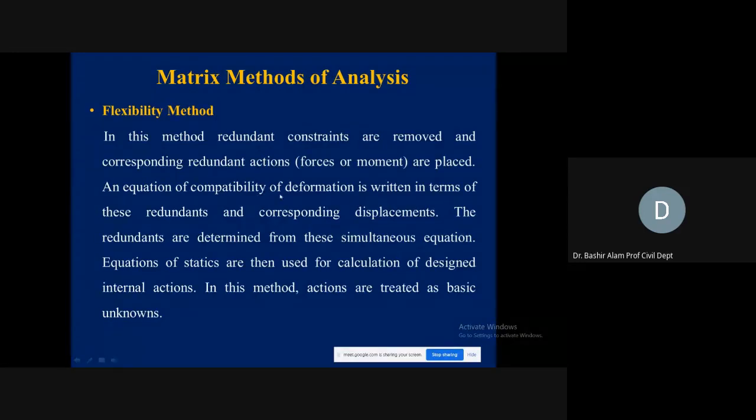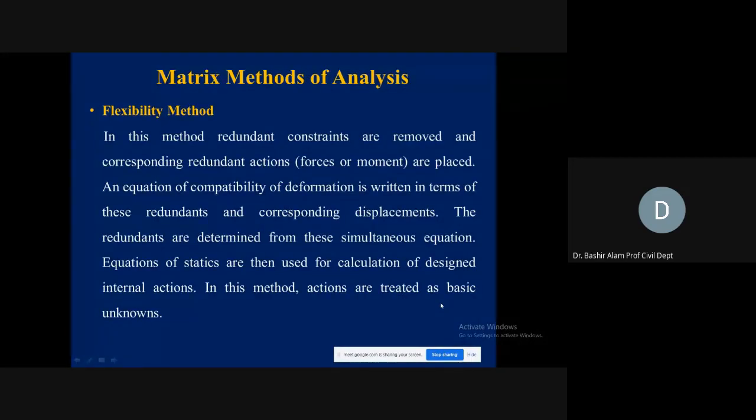An equation of compatibility of deformation is written in terms of these redundants and the corresponding displacements. The redundants are determined from these simultaneous equations. Equations of statics are then used for calculation of desired internal actions. In this method, actions are treated as basic unknowns.